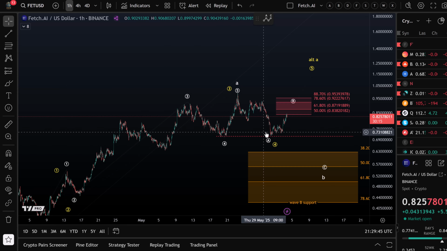It's not everything. What I am considering here is that if this was a three-wave pullback, it, of course, keeps the door open for higher, but we now need to see evidence, right? What would count as evidence?